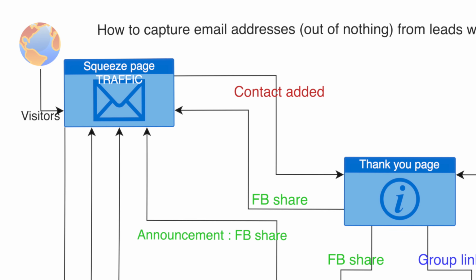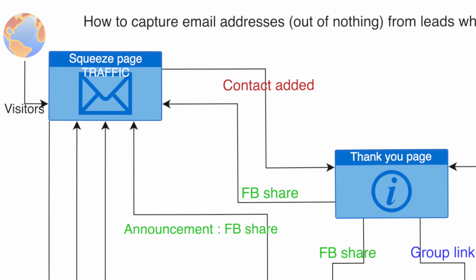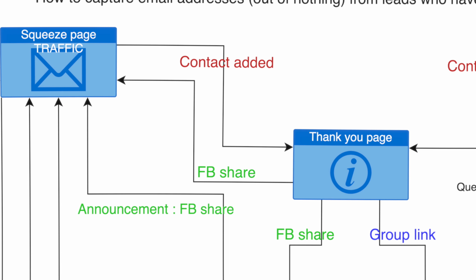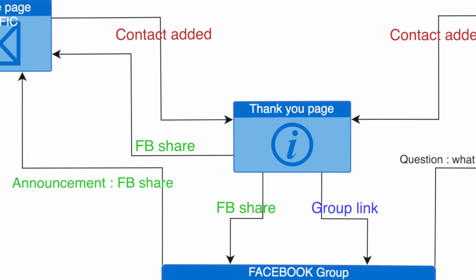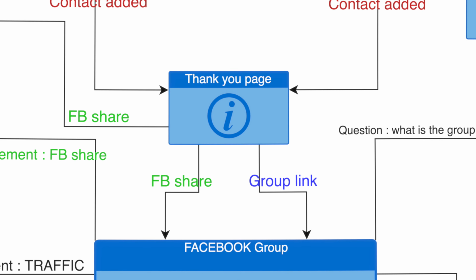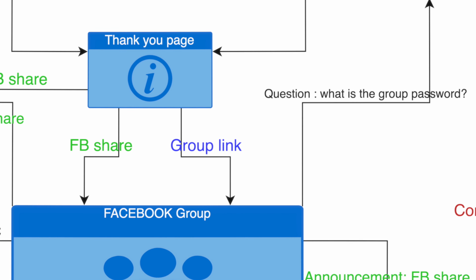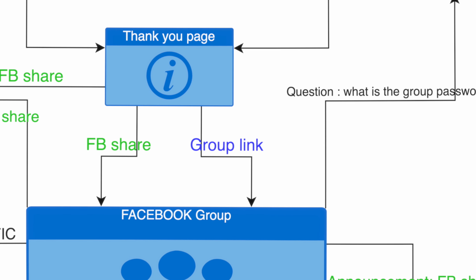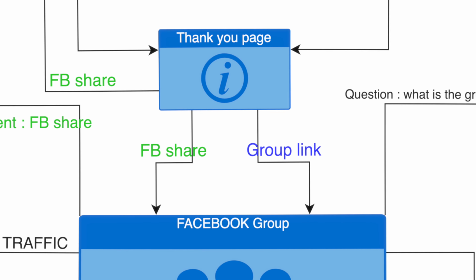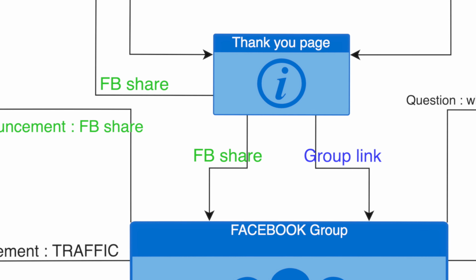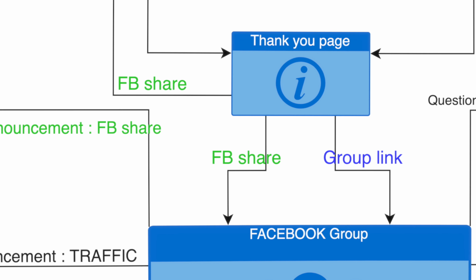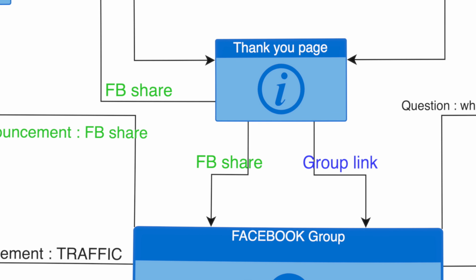So this is the incoming links, and of course you have as outgoing links, the special link for the group link and for the sharing of the group on Facebook, asking people to share the group before they even go to the group, share it on their page, and also share the squeeze page traffic, on the thank you page.